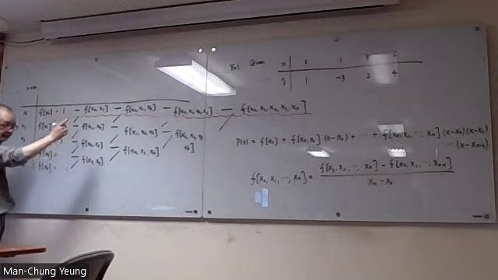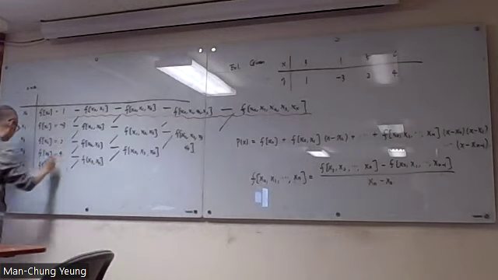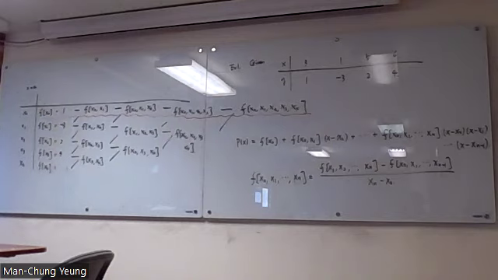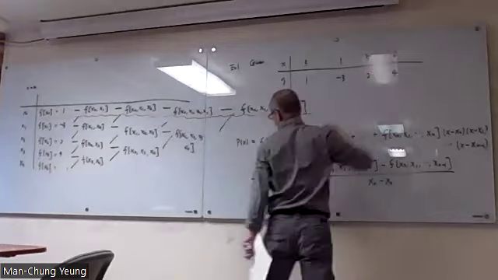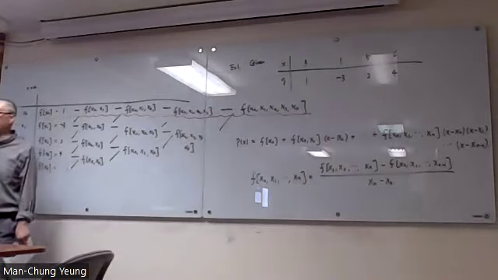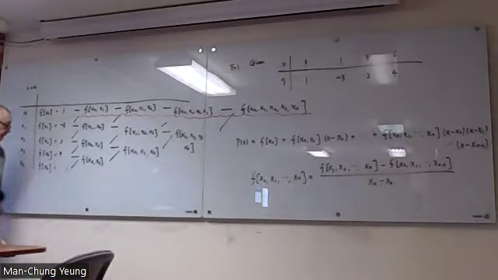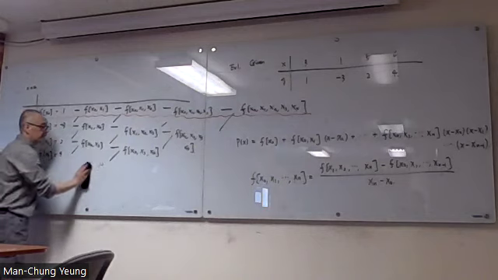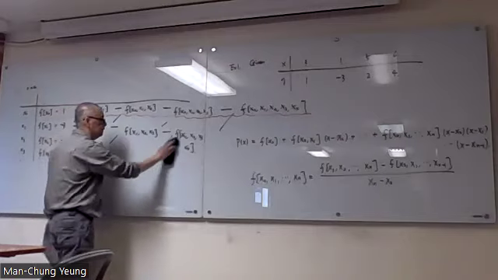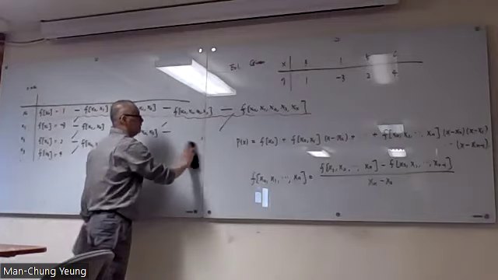Oh, n is 3, so I don't need x4. We have x0, x1, x2, x3, so we don't need this x4.